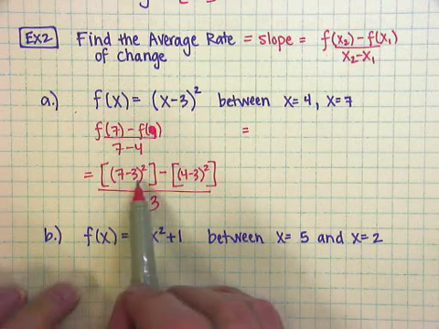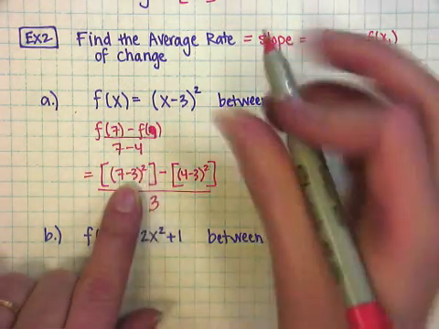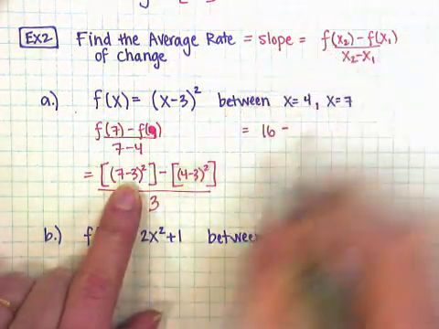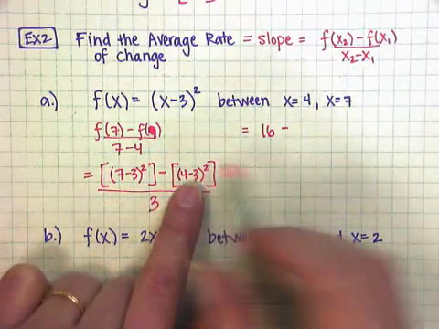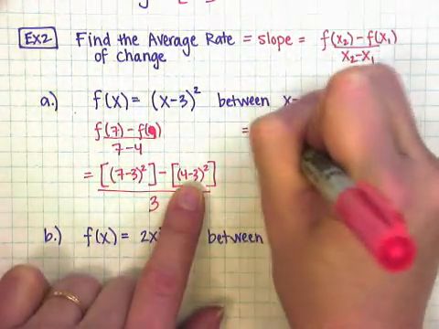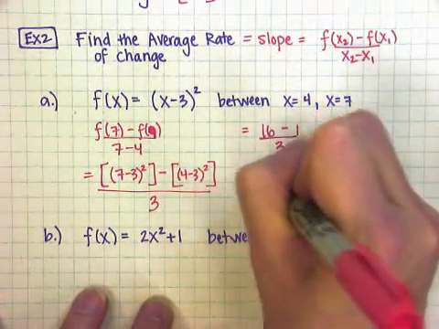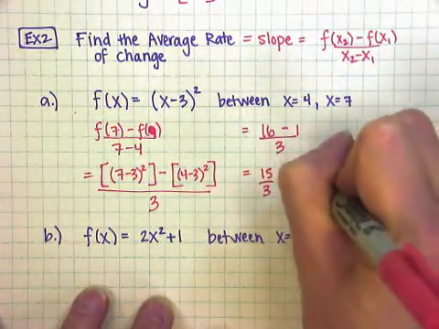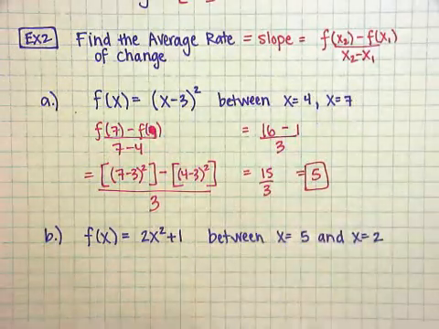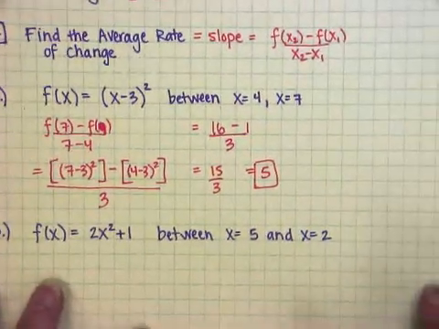So 7 minus 3 is 4. 4 squared is 16. 4 minus 3 is 1. 1 squared is 1. And this is over 3. 16 minus 1 is 15. And 15 divided by 3 is 5. So on this problem, my average rate of change is 5.